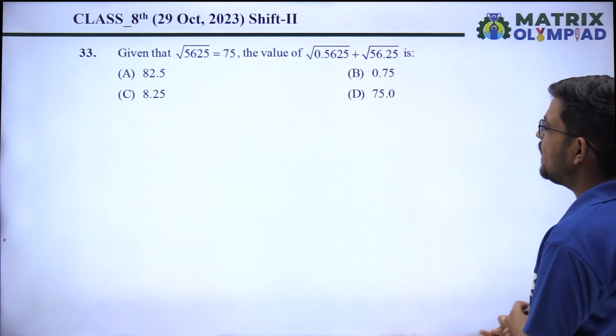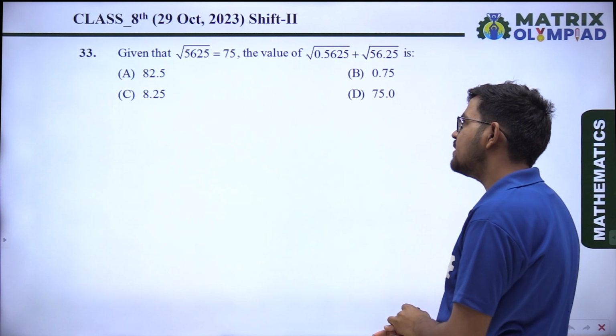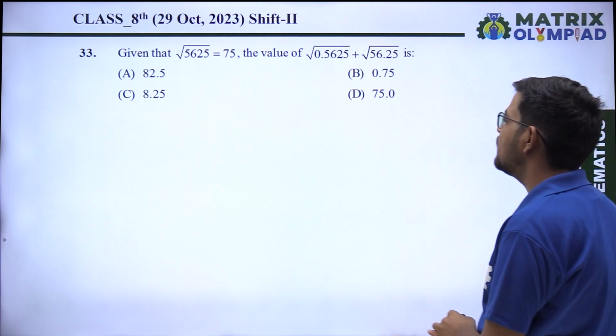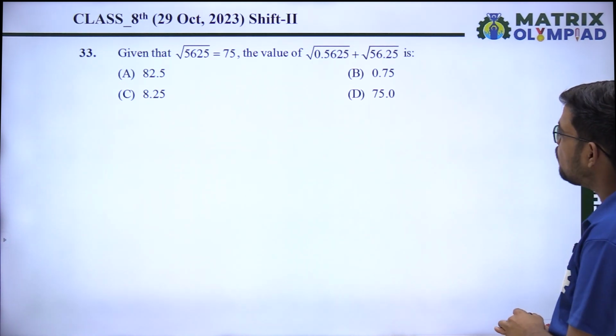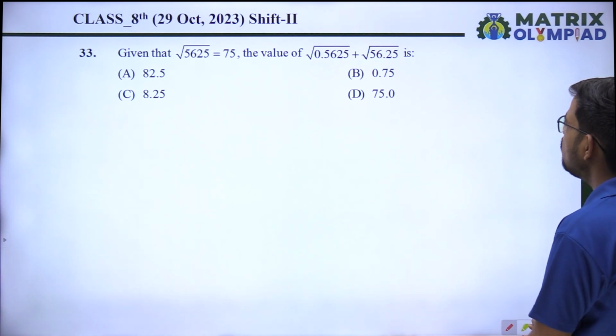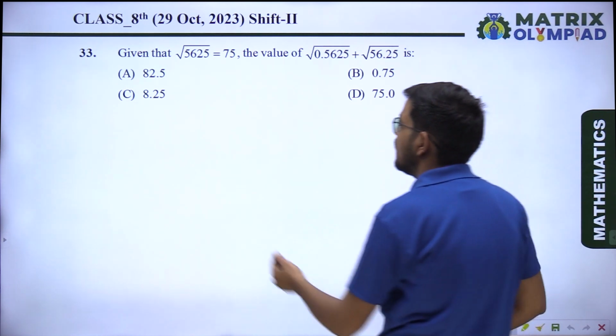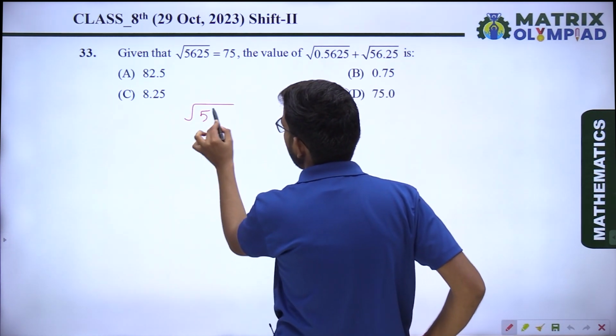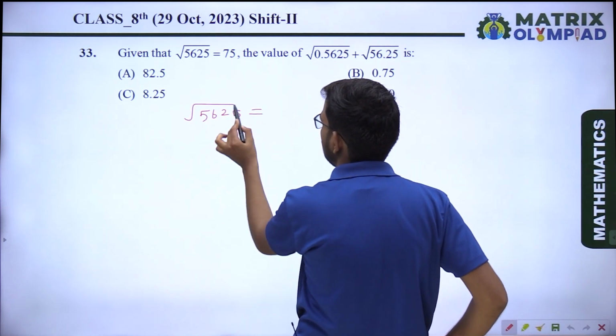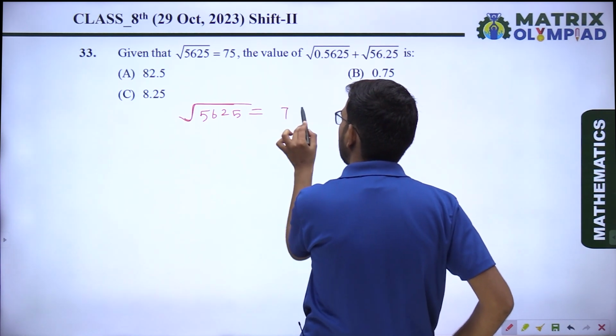Next question: given that root 5625 equals 75, then the value of root 0.5625 plus root 56.25 is? Okay, it is given that the root of 5625 is 75.